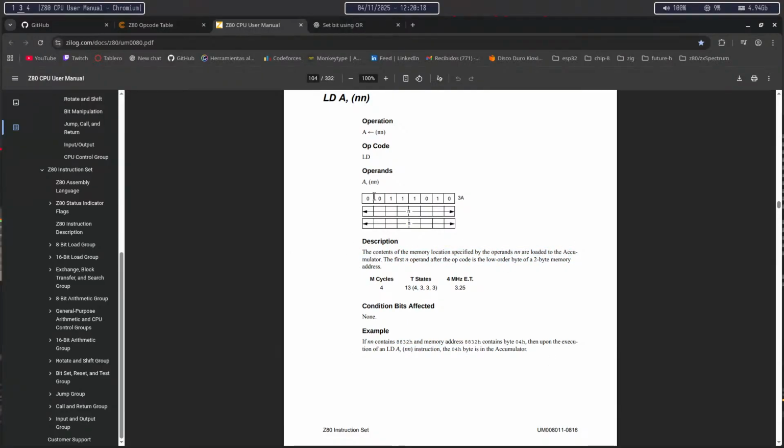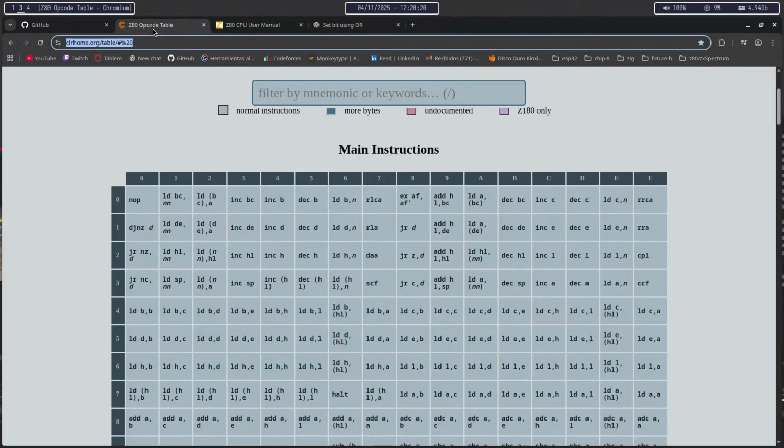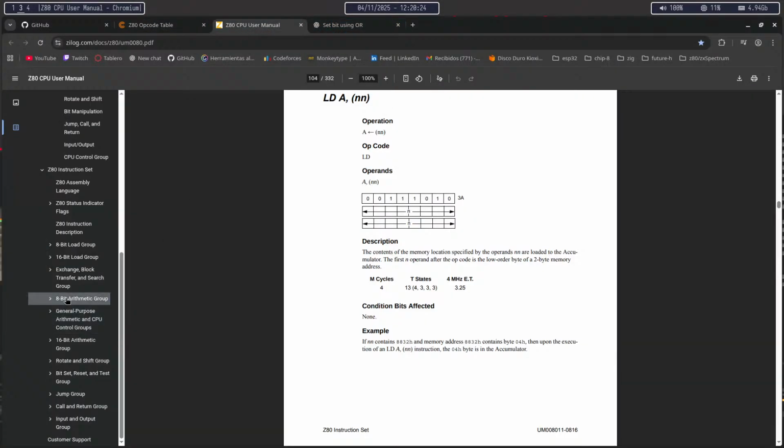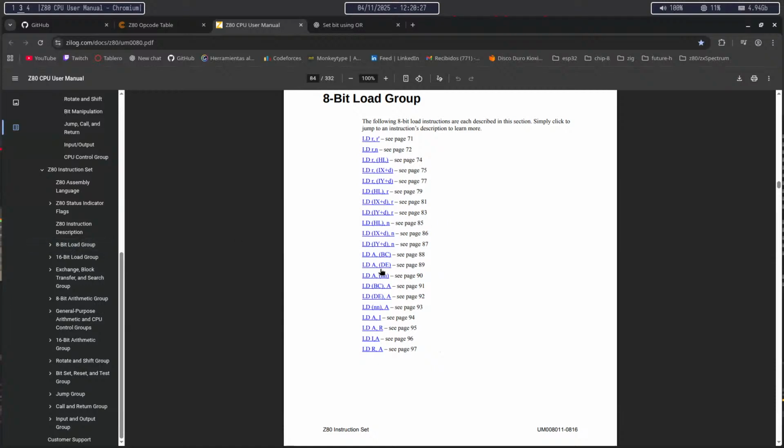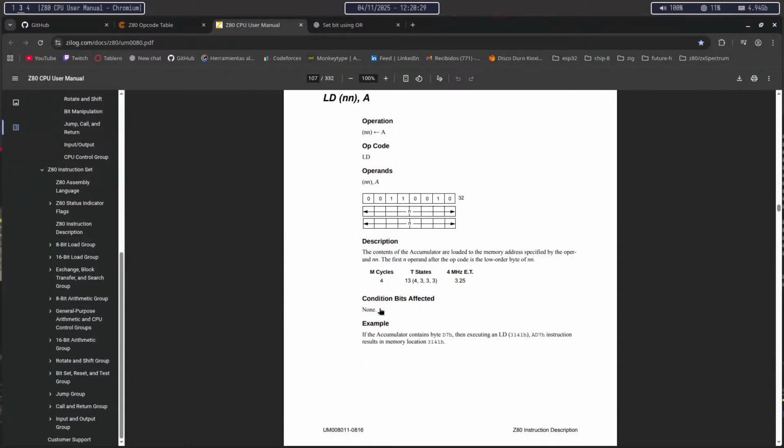Okay, so these are loaded into N. Alright, but this is the other way around. 8-bit load group. So, okay. The contents of the accumulator are loaded to the memory address. Alright. That makes more sense.